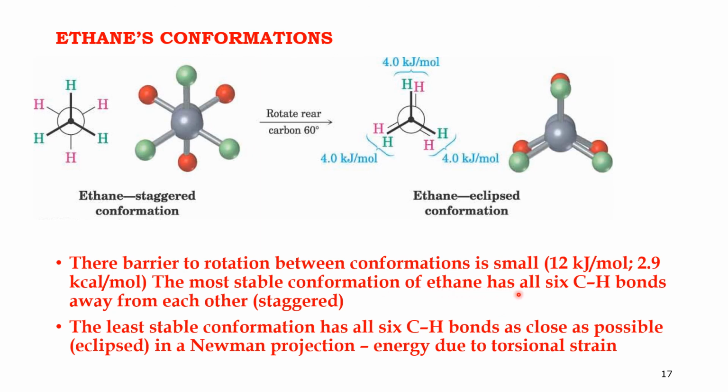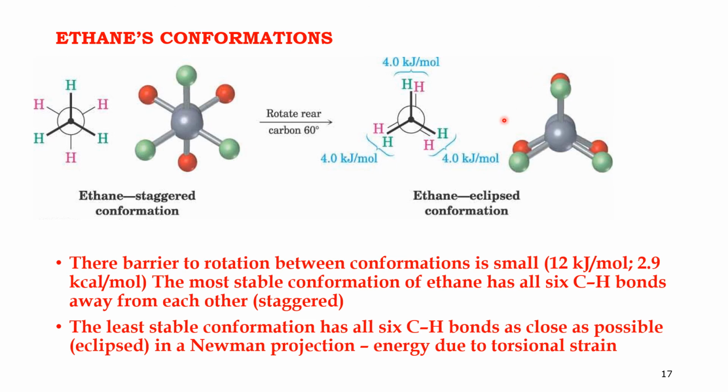The most stable conformation of ethane is Stargate, because in Stargate conformation all the hydrogen atoms are placed at maximum distance. Hence, the repulsion is minimum. While in eclipsed conformation, the first hydrogen atom and second hydrogen atom are eclipsed, that means the distance is minimum.